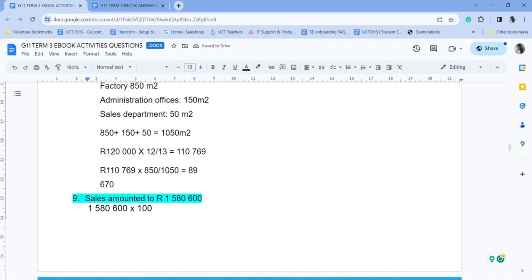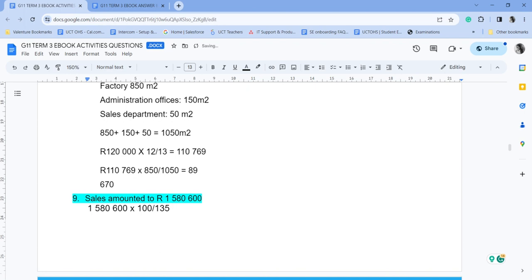The cost will always be equal to 100%, so I will divide by 135. Where is the 135 coming from? Basically, the cost is 100% plus the 35% that has been added as a markup to get the selling price.